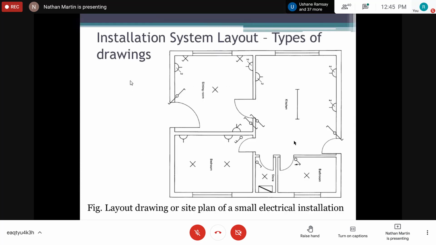So this is an example of our layout or site plan, where you will see the switches and lights positioned, whether it be a typical ceiling light, a fluorescent lamp, a wall-mounted receptacle, a duplex plug, as shown here, and so on, right? Or a single pole double throw switch. That's basically what this is.